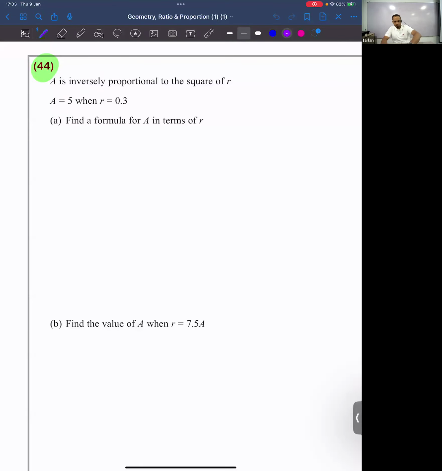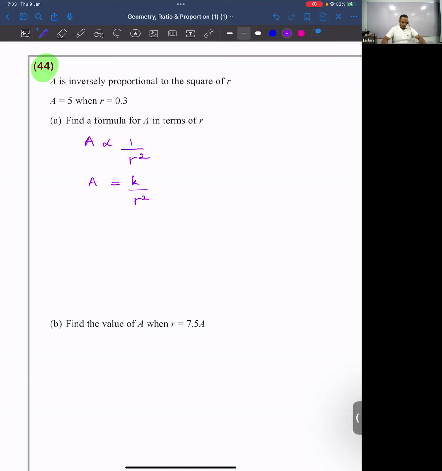Find the formula for A in terms of R. As A is inversely proportional to the square of R, we write it like this: A is proportional to 1 over R square. With the proportionality constant, we can write the equation as A equals K over R square.